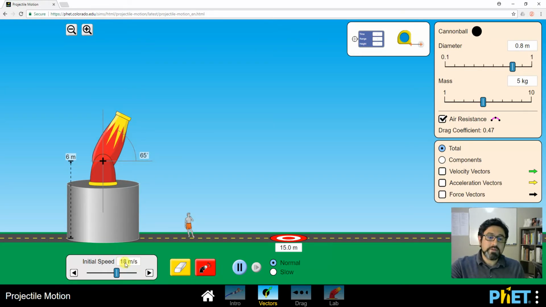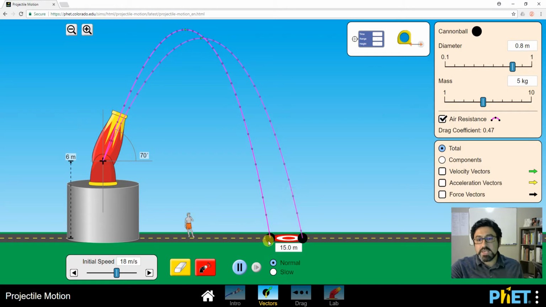So let's keep the speed of the cannonball constant, shoot it. Oh man, actually, that was pretty close. Ooh, nice. So while I'm keeping the speed constant, I'm going to change the direction of the cannon and shoot it again. And as you can see, the impact point changes basically.